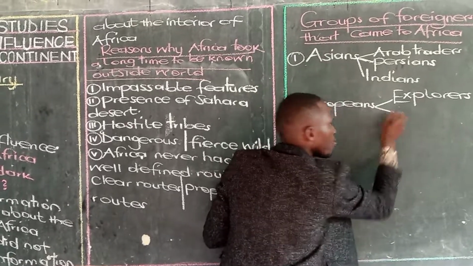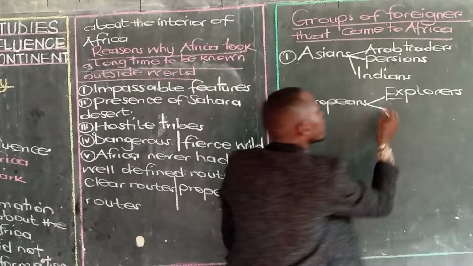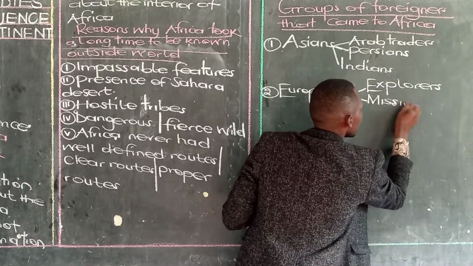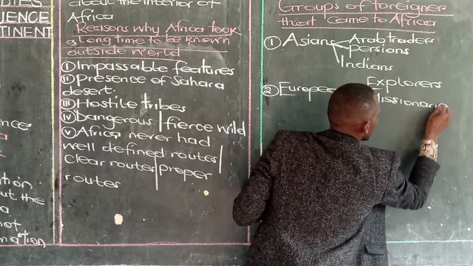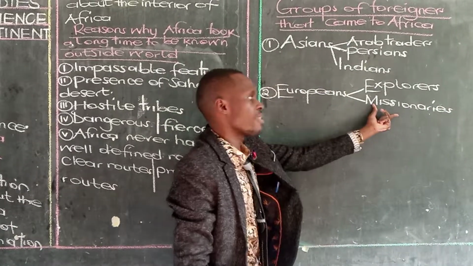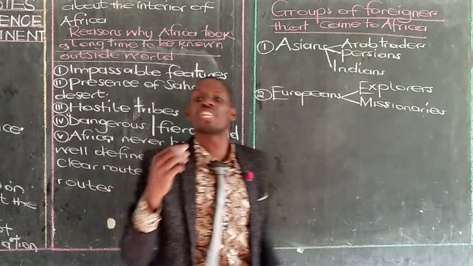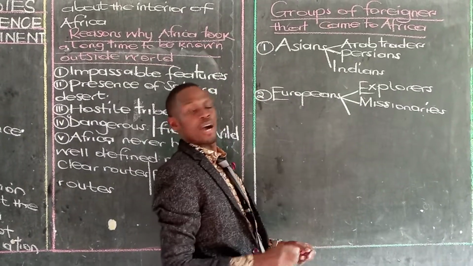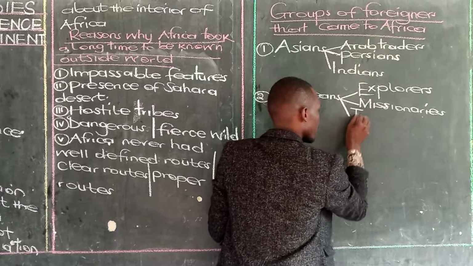And the other group, boys and girls, we have Christian missionaries. Christian missionaries was yet another group of Europeans that came to Africa. You can call them missionaries, or missionary teachers. The other group of Europeans to Africa, we had traders.